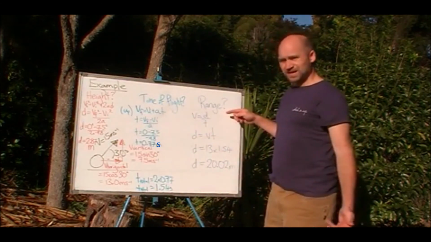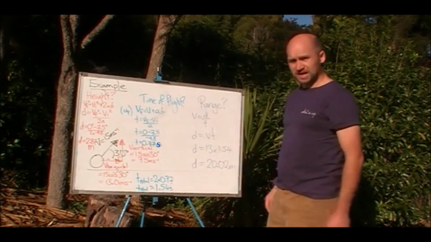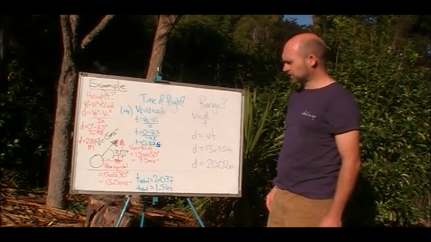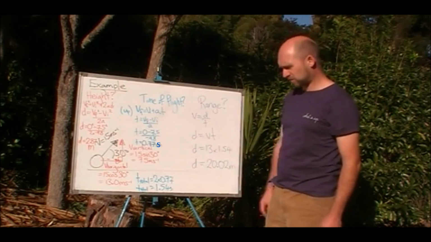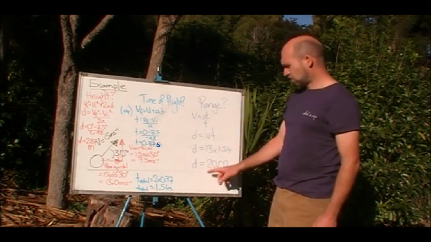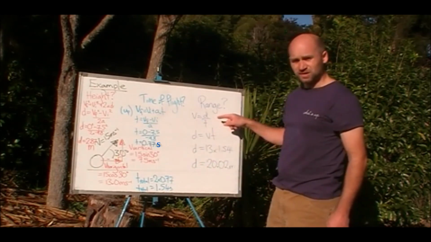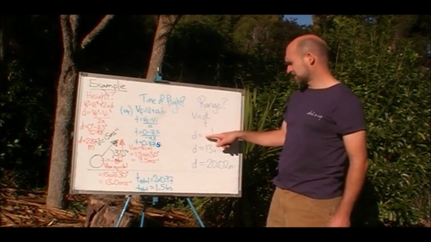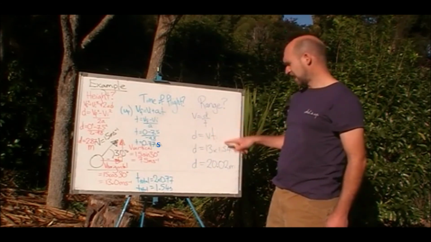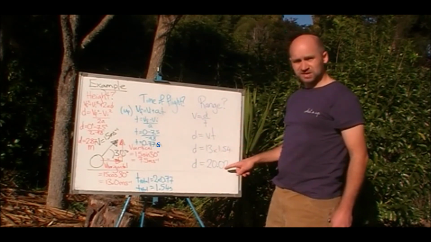And that's really, really easy. The horizontal velocity is 13. We know how long it is moving at that horizontal velocity for is the total time of flight, 1.54 seconds. Because everything's constant velocity, no acceleration, we can just go back to very basic mathematics. Distance is speed times time, and 13 times 1.54 should get 20.02.